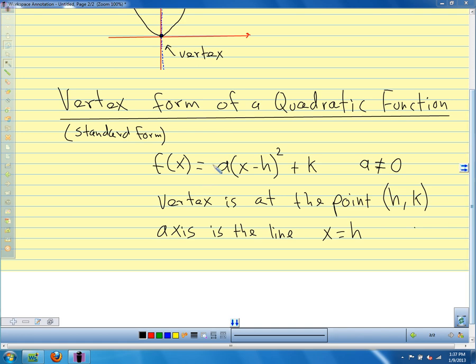So if a is positive, a greater than 0, our parabola opens up. And if a is negative, a less than 0, our parabola opens down.